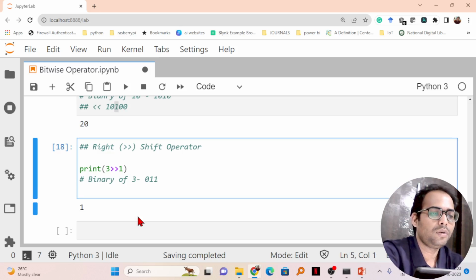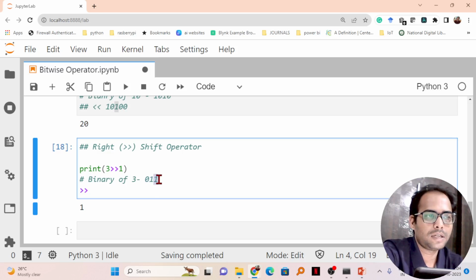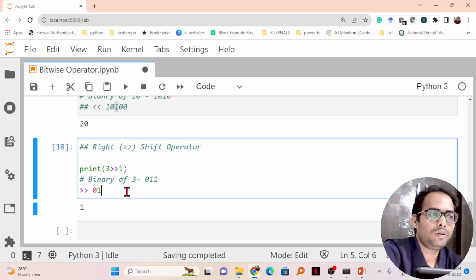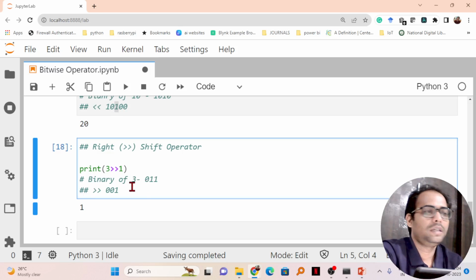Then I have to right shift this value by 1 position. If I shift the whole number towards the right, the LSB side 1 will get discarded and only 0 1 will be shifted. Then we add one more 0 there, because we are just doing a shifting.